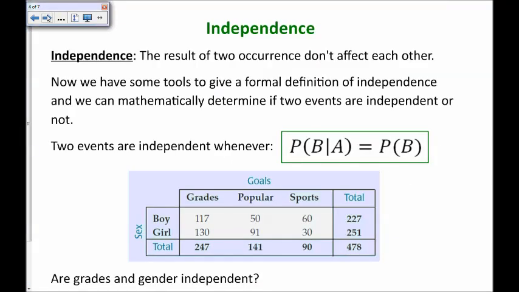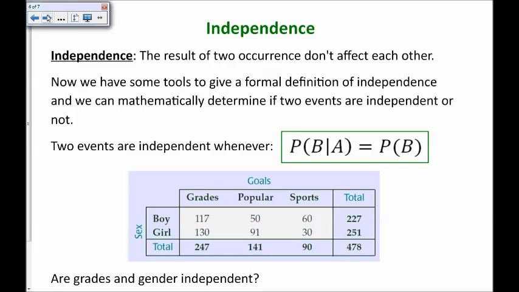Next, let's look at independence. Last chapter, I gave the definition of independence as two occurrences not affecting each other. That's true, but it may not be the best working definition to test whether two occurrences are independent.